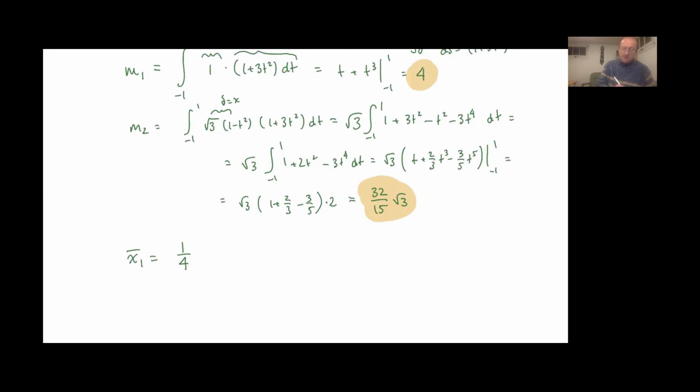Integrate minus 1 to 1. Take x times the density. X is root 3, 1 minus t squared. That's x. The density is 1. And then we have ds.